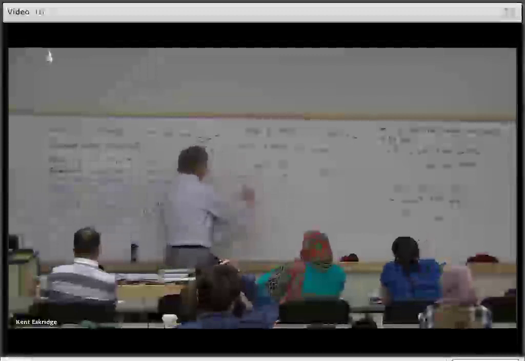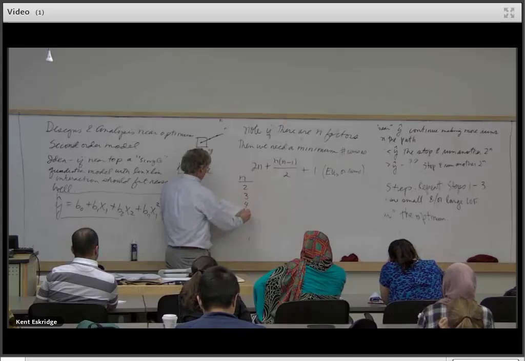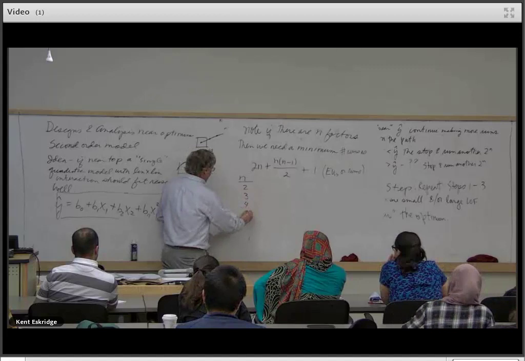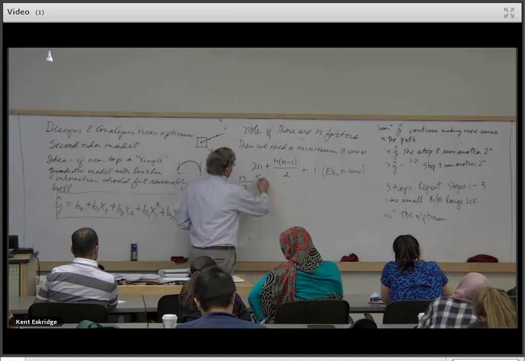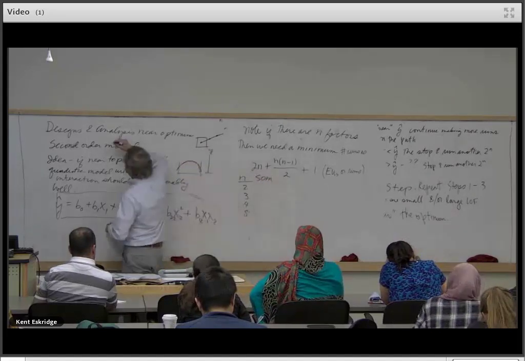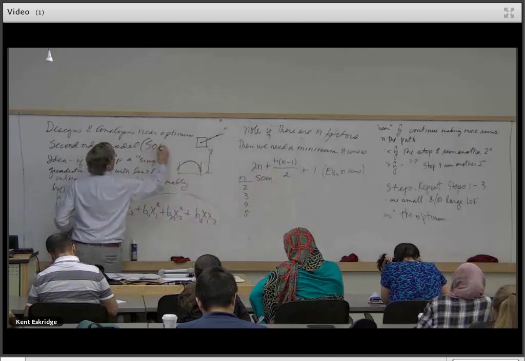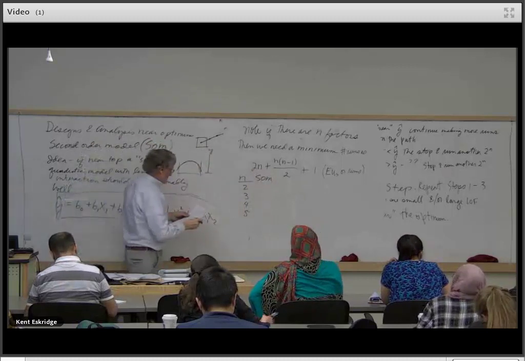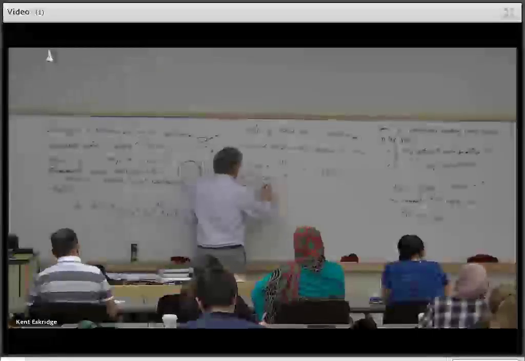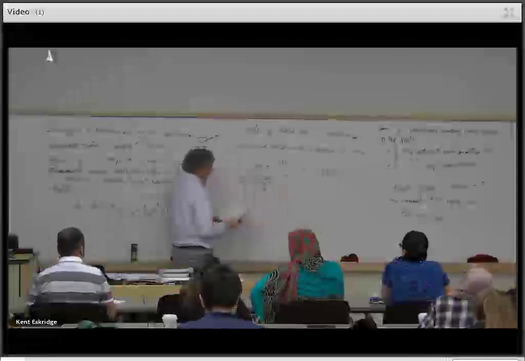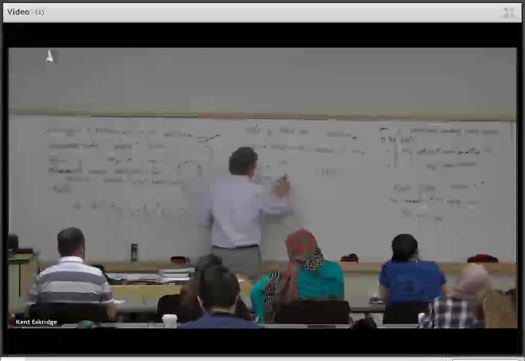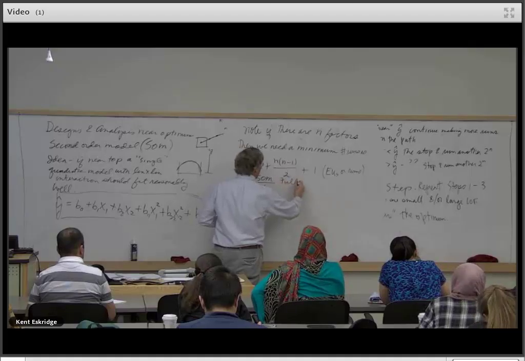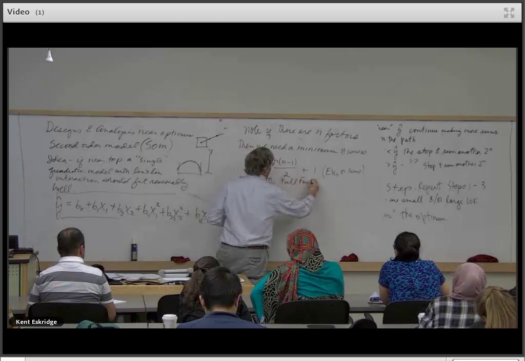N is 2, 3, here's the number of factors, 4, 5, and so on. For the second order model, we're going to have at least 6 points to fit the second order model. Okay, what's the full factorial look like? Full factorial.